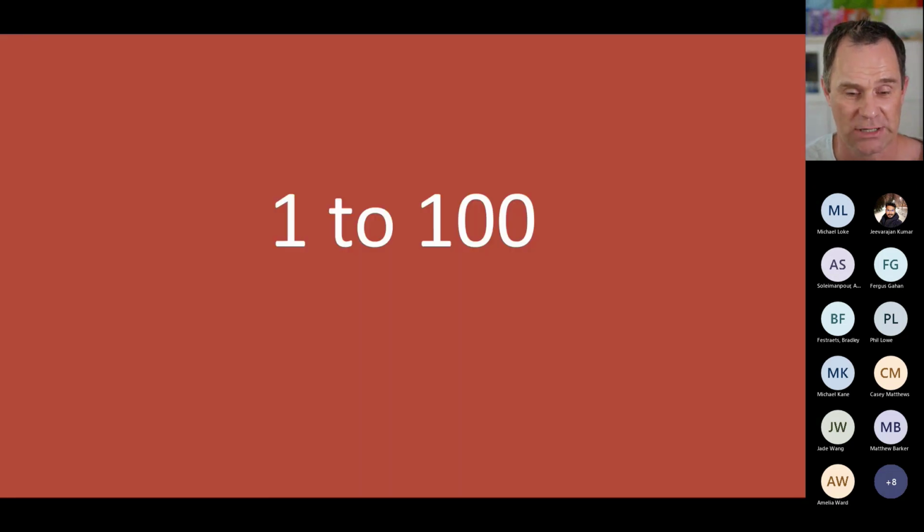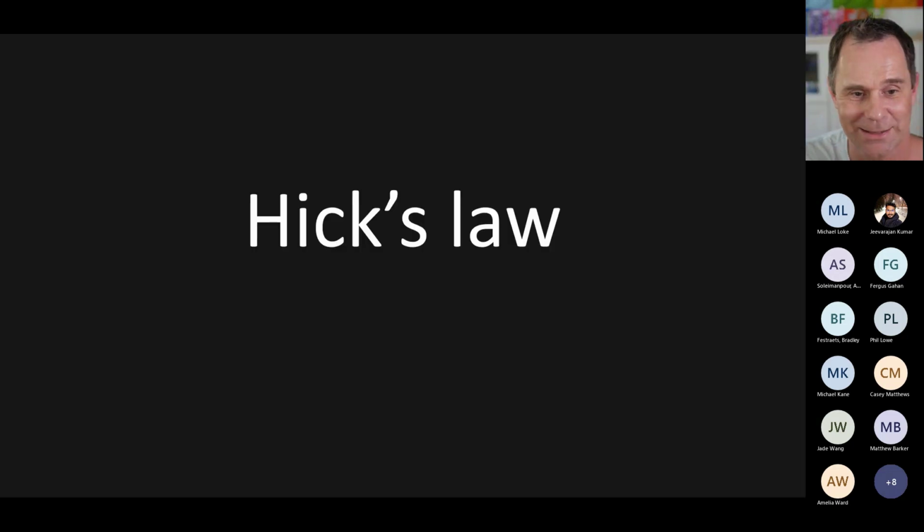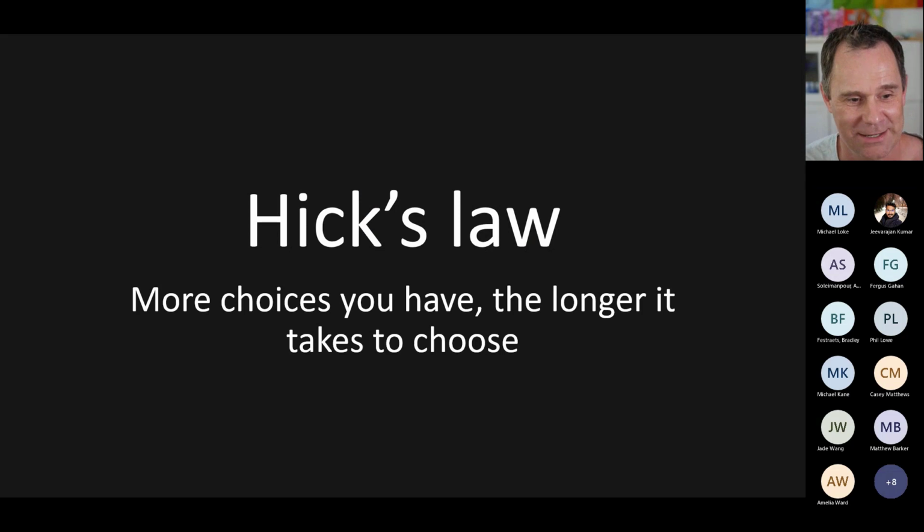I don't recommend choosing a scale like 1 to 100. Having every number in that kind of centigrade scale is too many. There's two laws that say why that doesn't work. Hick's law is the first one. Hick's law says the more choices you have, the longer it takes to choose. Makes sense. And remember, we said we don't want to spend any more time estimating.